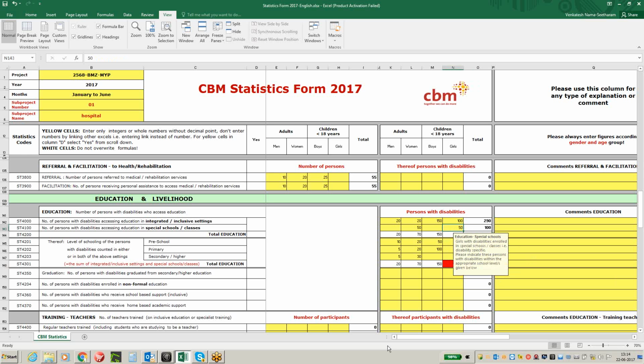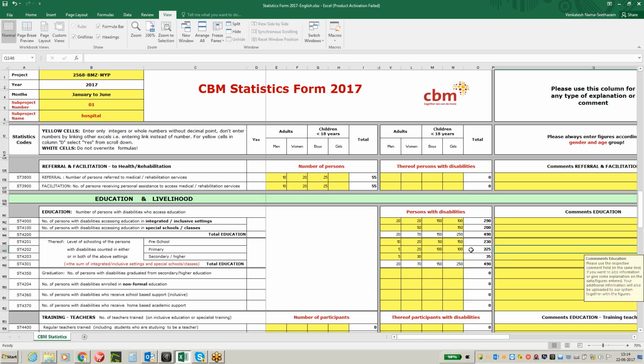Either this is not correct, or you are missing something. For example, the total is 250, but you say people who are in preschool, primary, and secondary are only 150. Then there is something, the 100 are missing. Where are the other 100 people? They should be in primary or secondary or somewhere.